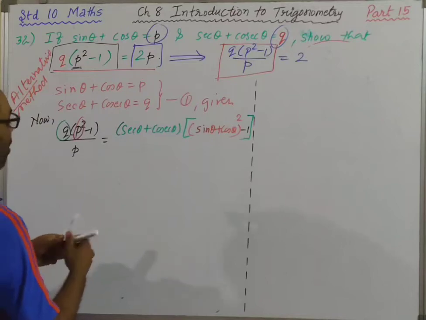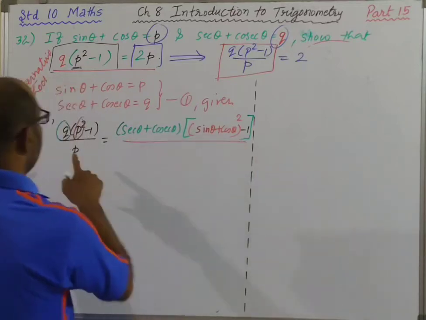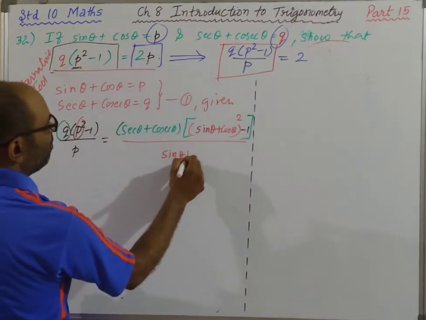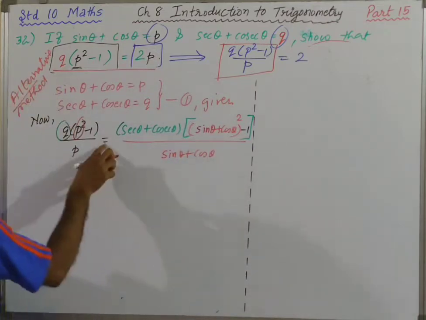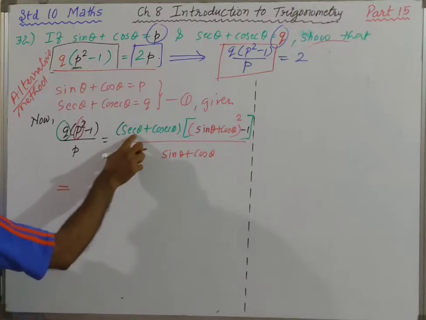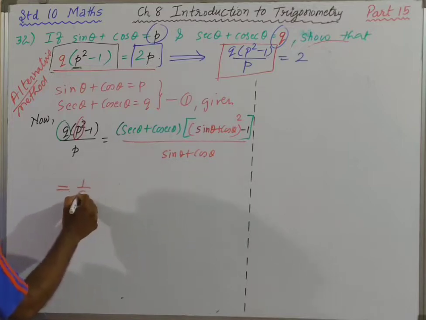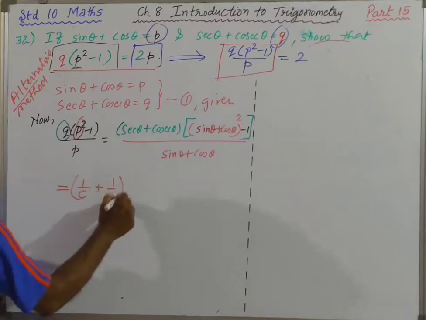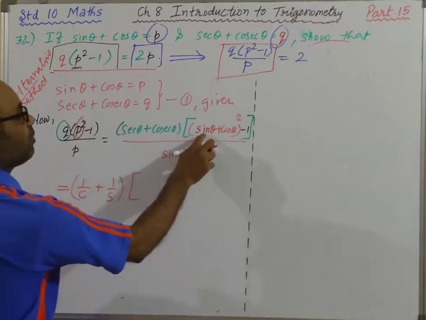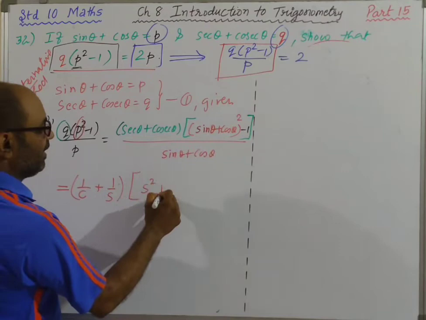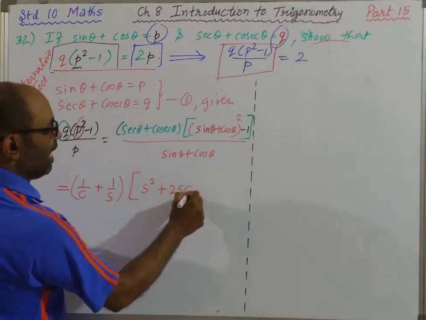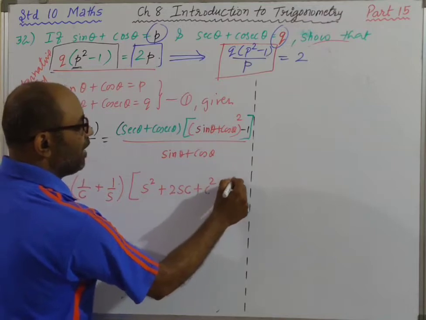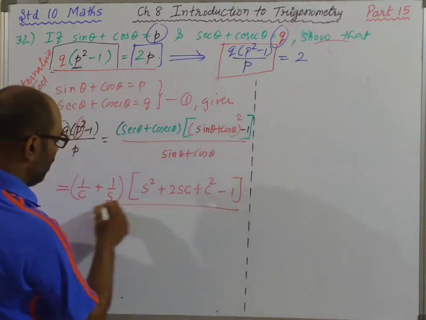Whole upon. Again p. What is p? Sine theta plus cos theta. This equal to, I am writing it here. Now this is 1 upon cos plus 1 upon sine. Correct? Into expansion sine square theta plus 2 into sine theta plus cos theta plus cos square theta, or minus 1. Alright, expand हो गया.